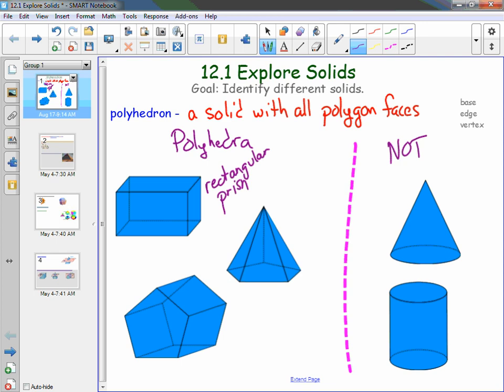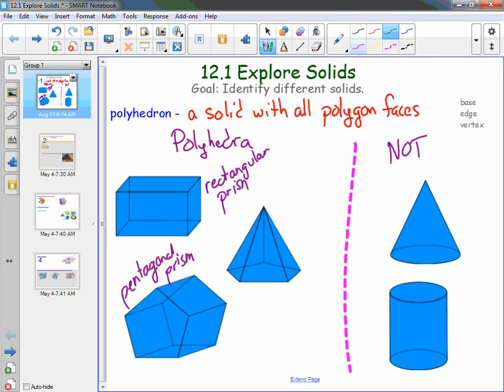A prism is one where you have a base on both ends, and it's named by the shape. In this case, the base is a rectangle, so it's a rectangular prism. Down here, this prism has a pentagon for a base, so this is a pentagonal prism.